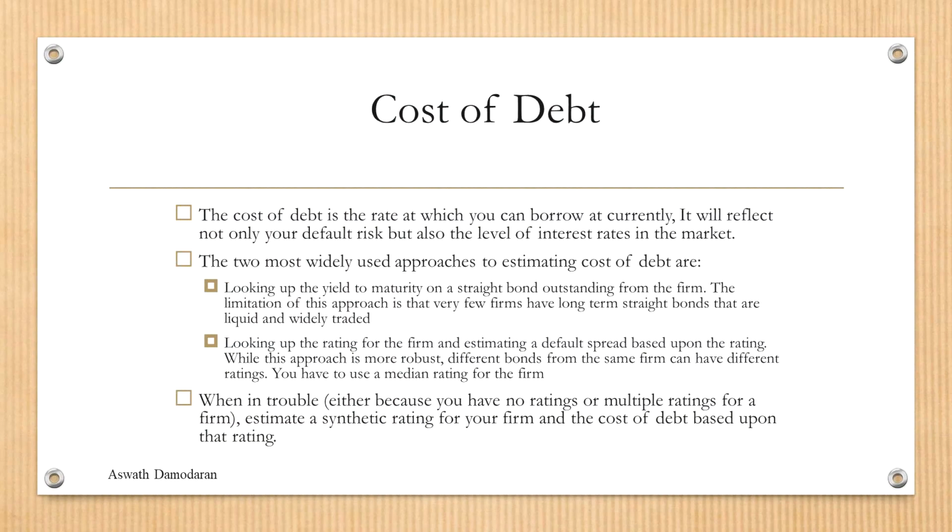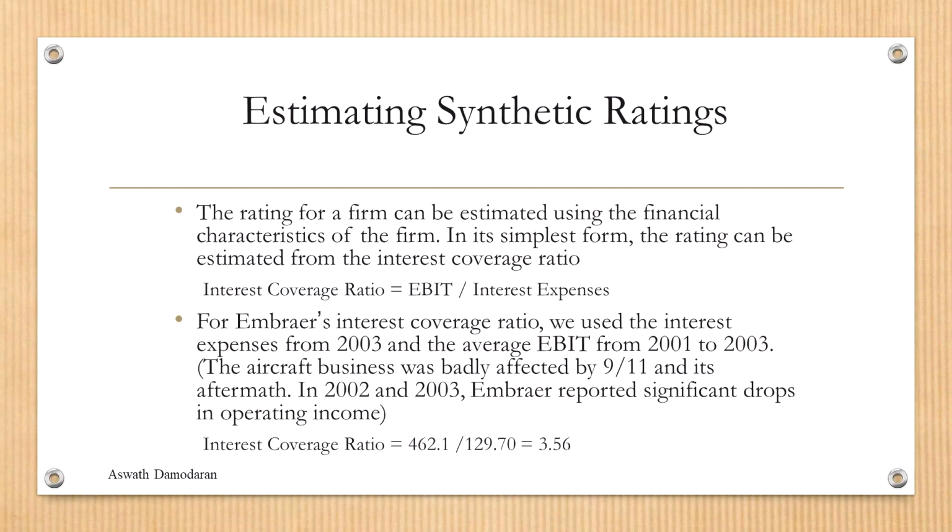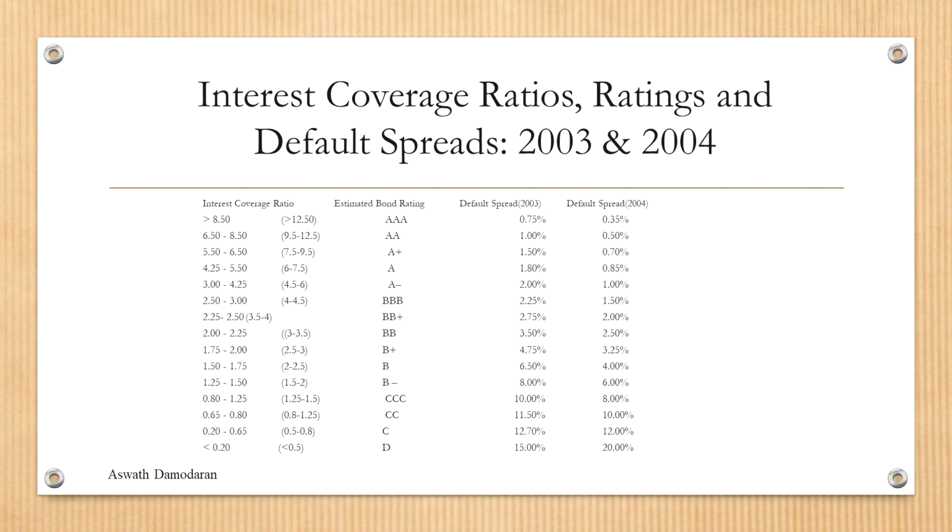You look at the credit rating of the company, and then estimate a default spread based upon its credit rating. And this is a pretty robust method. And let me show you one table. And this table shows you that bonds with different credit ratings have different default spreads.